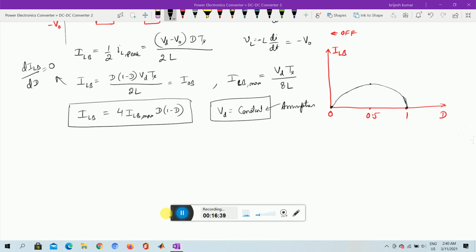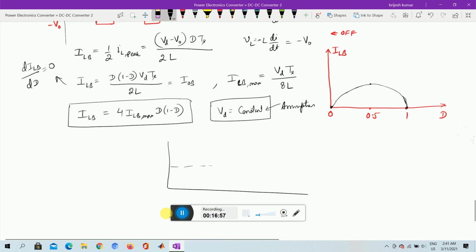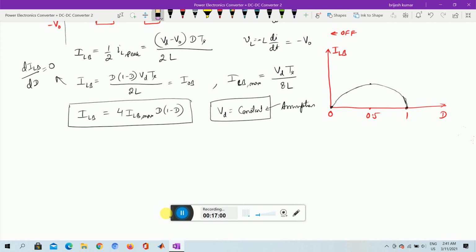So in the next video, since we get the boundary condition here, we will try to have a discontinuous conduction. To give a hint, in discontinuous conduction we can draw how the output voltage waveform will be like Vd minus V0, and it will be off for some time, then on for some time.